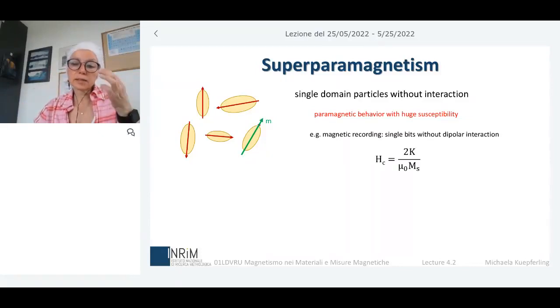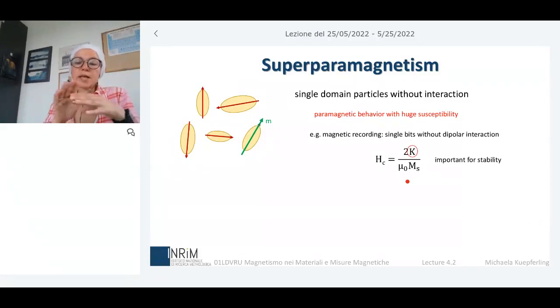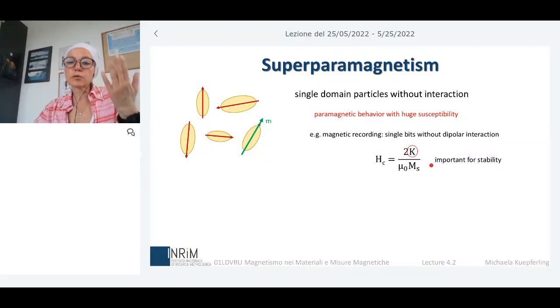And this brings us immediately to a problem, because in order to make your information stored stably on this hard disk, you have to make this single area very stable against being magnetized in different directions. And how can you do that? Increasing, of course, the anisotropy. So if I increase anisotropy, coercivity will be higher, and it will be difficult to magnetize the material in a different direction.